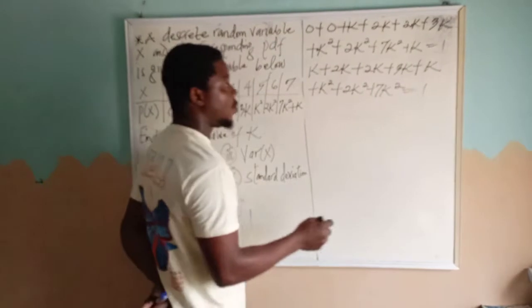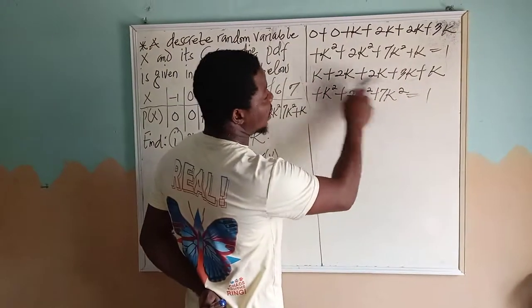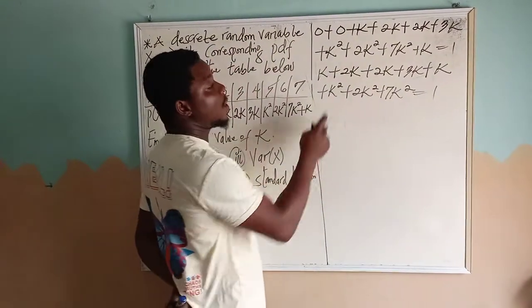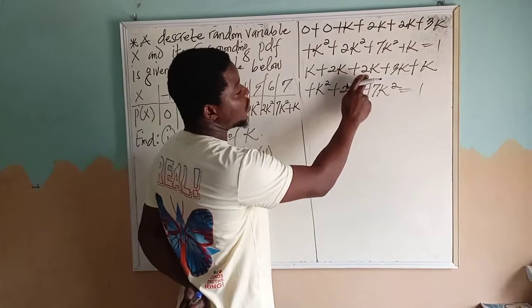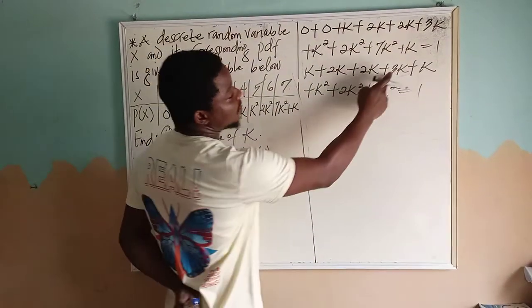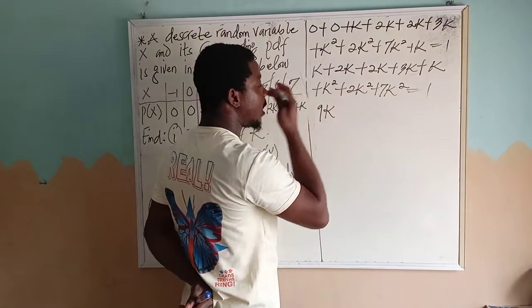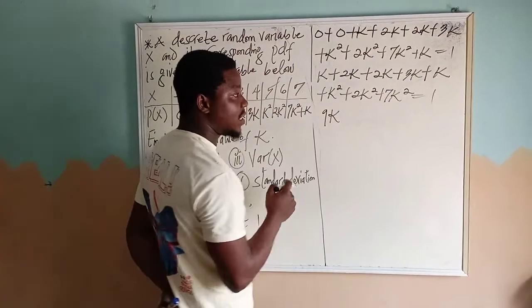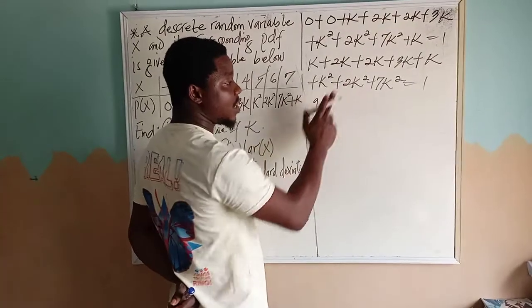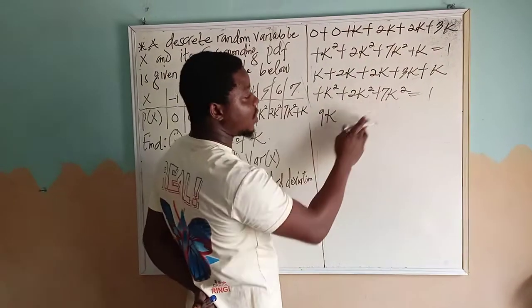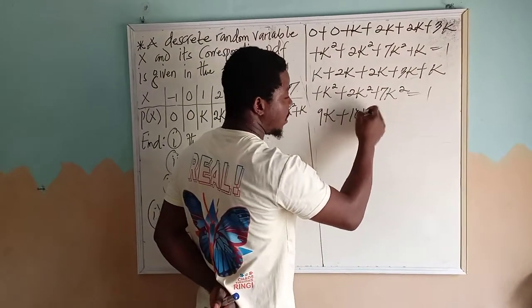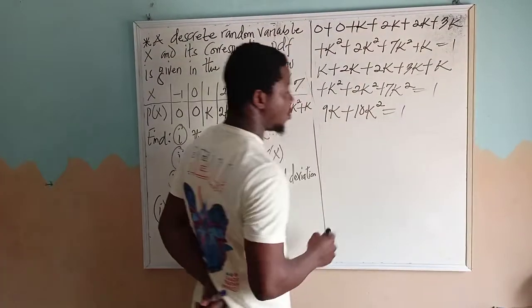Everything is equal to 1. Then when you sum up all the k terms together, you're going to have 3k plus 2k, you have 5k, plus 3k, you have 8k, plus 1k, that is 9k. And then all the k squared terms, you also add them together. So k squared plus 2k squared is going to give you 3k squared, plus 7k squared, you have 10k squared. Everything is equal to 1.